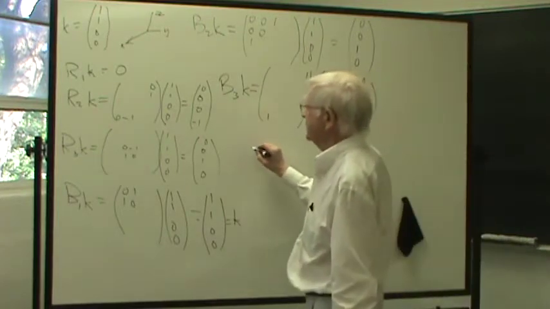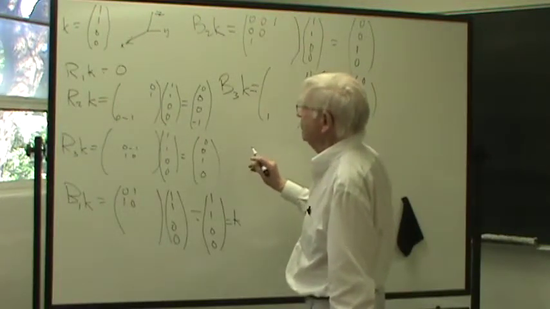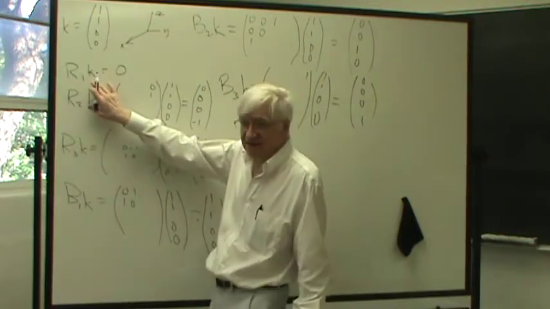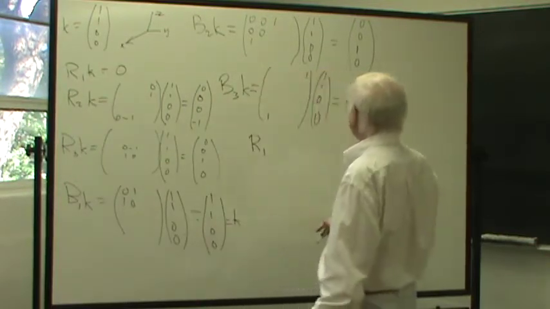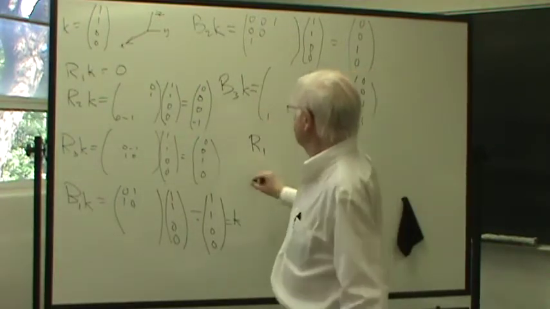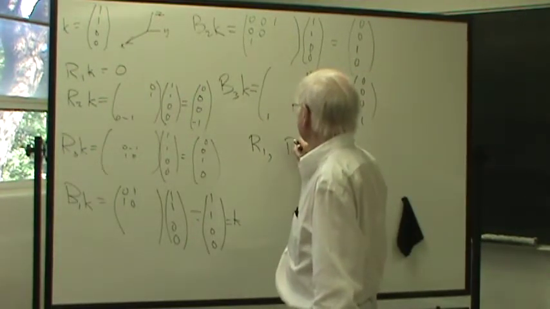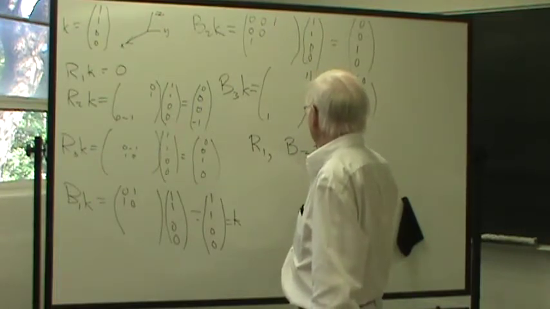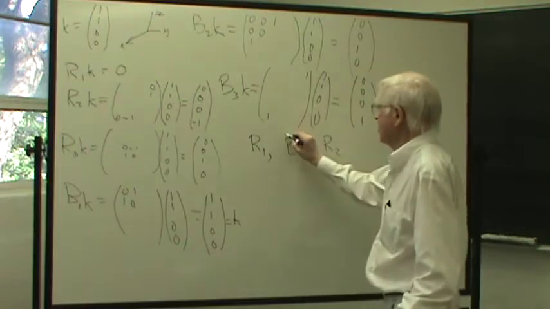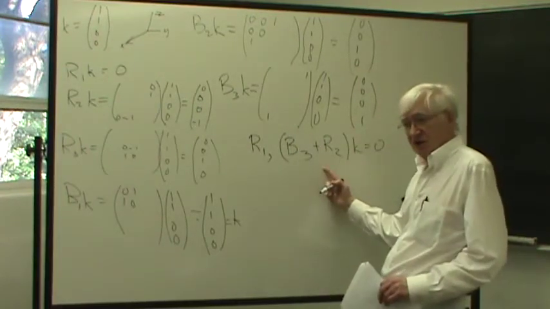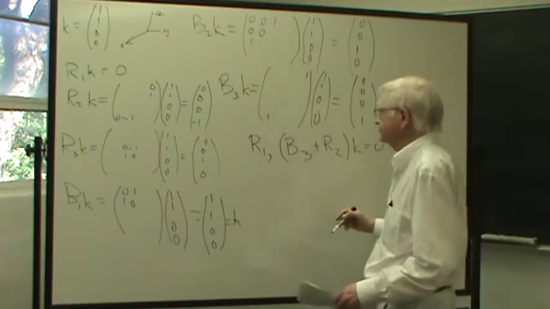Well, one of them obviously is R1, rotations about, because they annihilate K. On the other hand, we see here that B3 plus R2 also annihilates K. So this can be a generator of the little group.